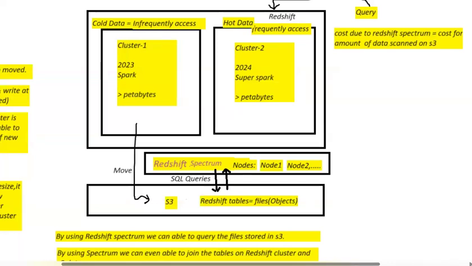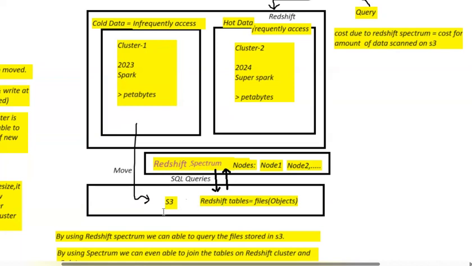So we only charge it for the amount of data scanned on S3 whenever we use Redshift Spectrum, because all our compute processing happens under these Spectrum nodes, we'll be charged for the scanning only, right? Yes. So when is it recommended to use this?